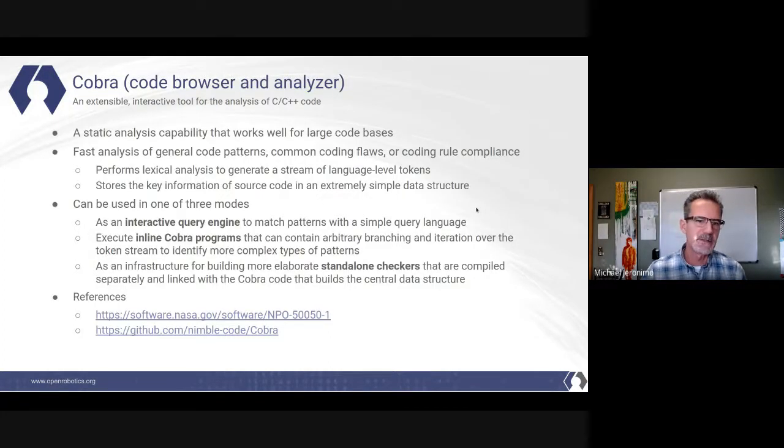On the other hand, there's another one called Cobra, which is entirely different. It doesn't work by doing a full parse of the source code. It only does a tokenization of the source code, and then it has rules across that token set. It works well, and it scales up very well to really large code bases.